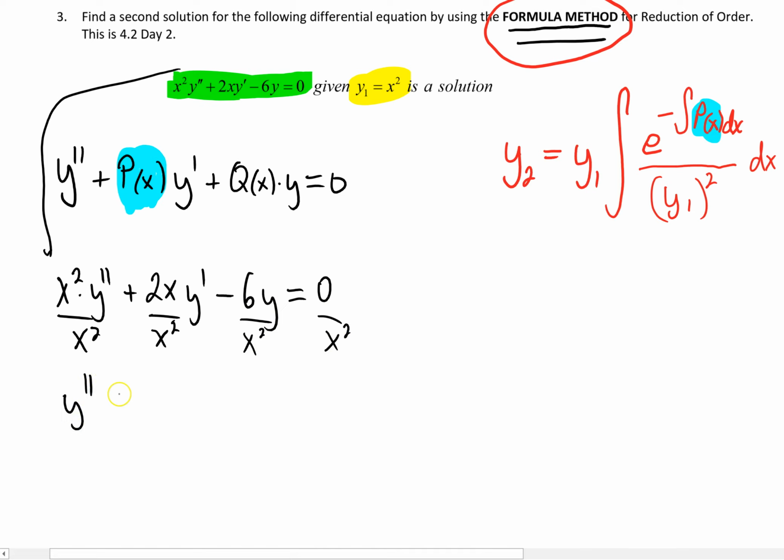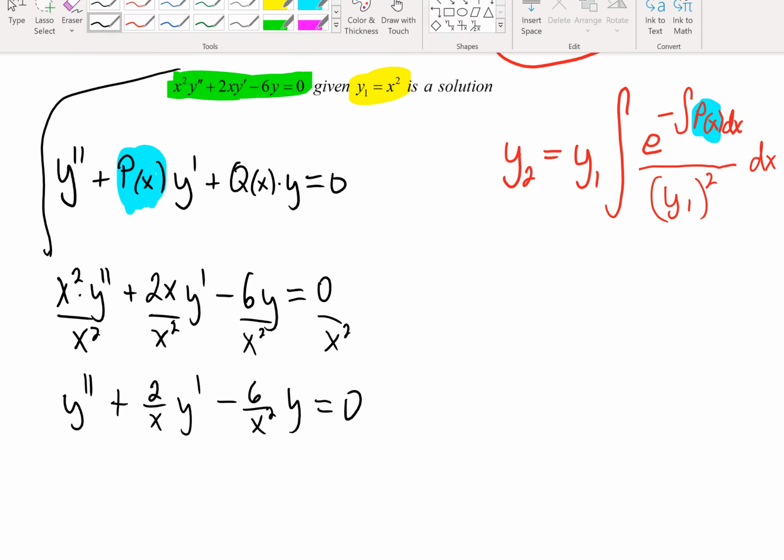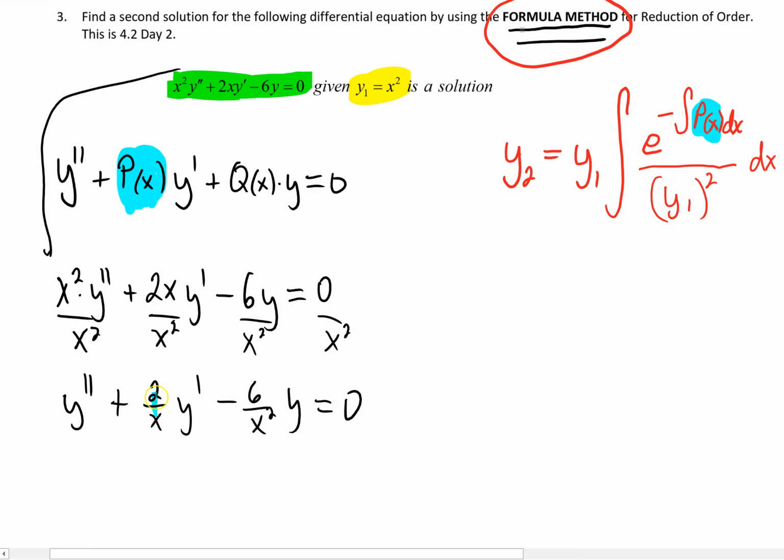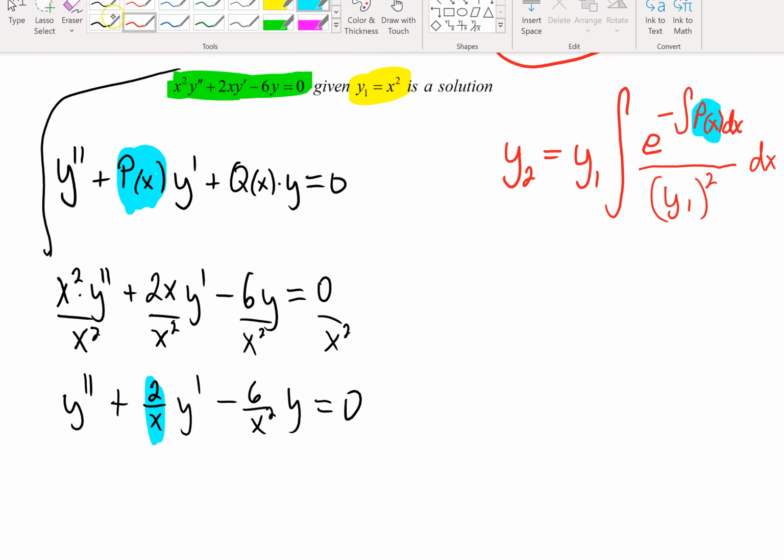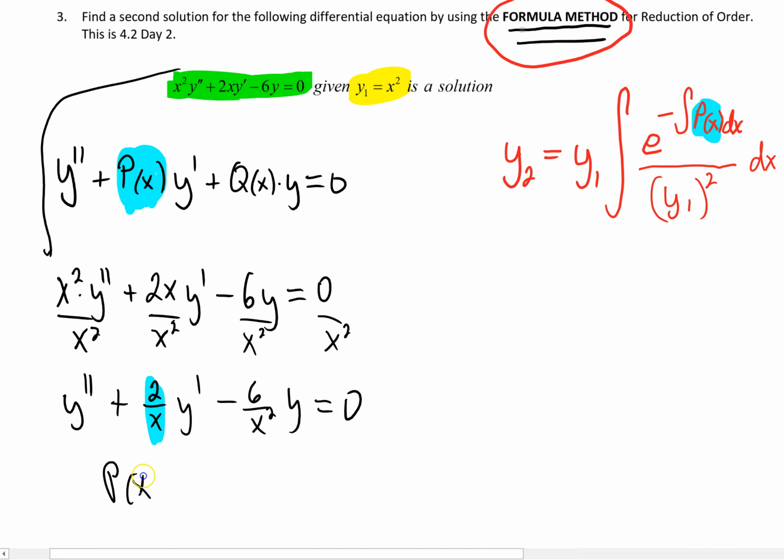We're left with y double prime plus 2 over x y prime minus 6 over x squared y is equal to 0. I hope right now you can see that your p of x is going to be equal to 2 over x. So that's the good news right there.